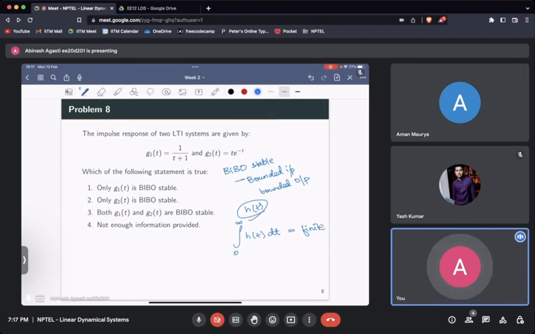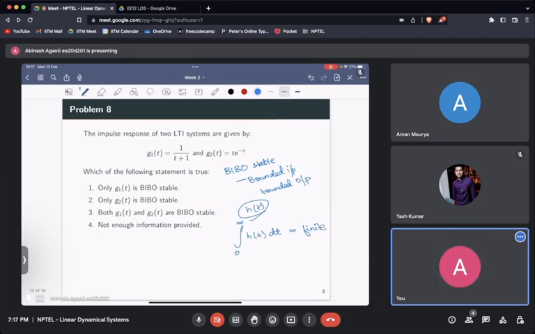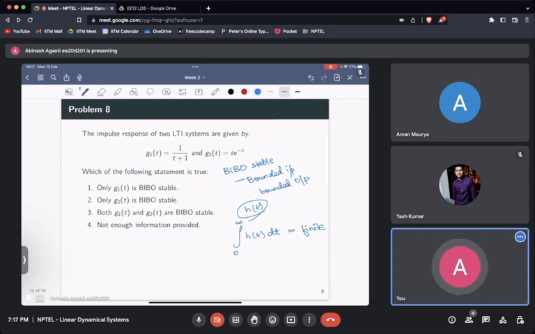So essentially you can think of it this way: you have an impulse response, and if you provide a bounded input, then you would be convolving it with that u(t), integral dt from 0 to infinity, and this has to be bounded.